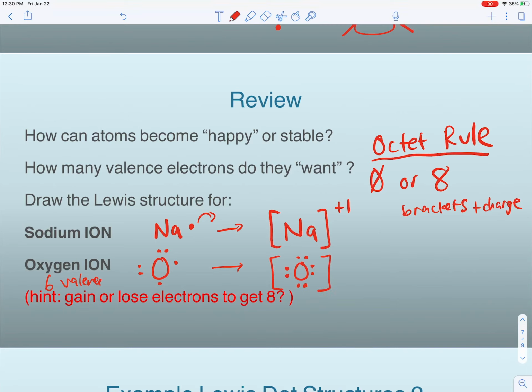When it gains 2 electrons, it's going to form a -2 charge. For sodium, we saw that it lost 1 electron, which resulted in a positive charge. For oxygen, it gained 2 electrons, which resulted in a negative charge. Make sure you include the brackets whenever you draw these ions in your structures. And you're always going to have either 0 or 8 valence electrons.